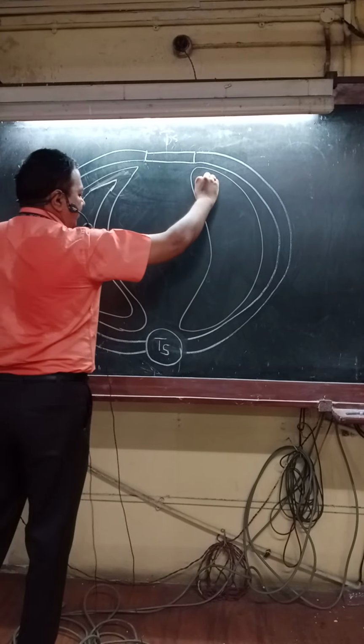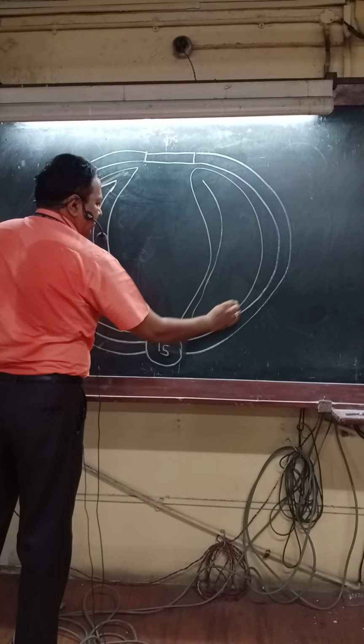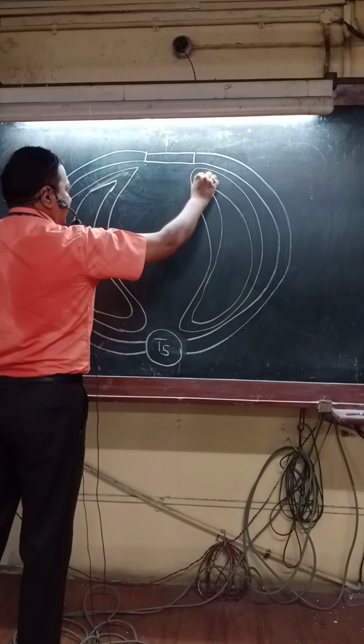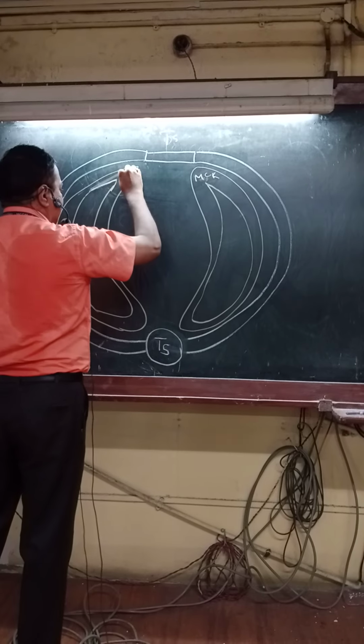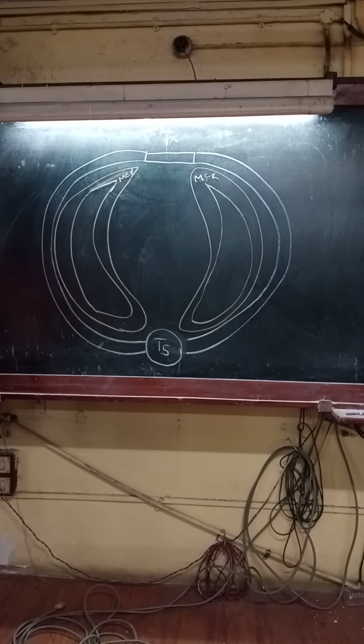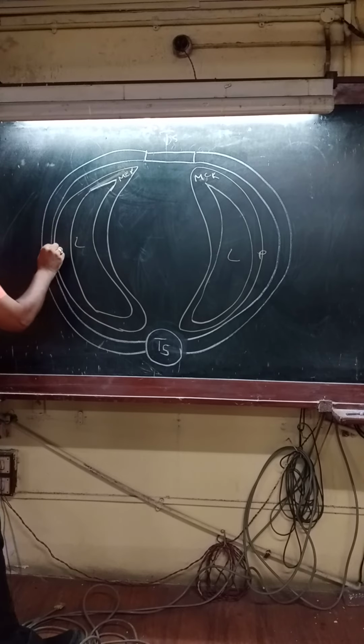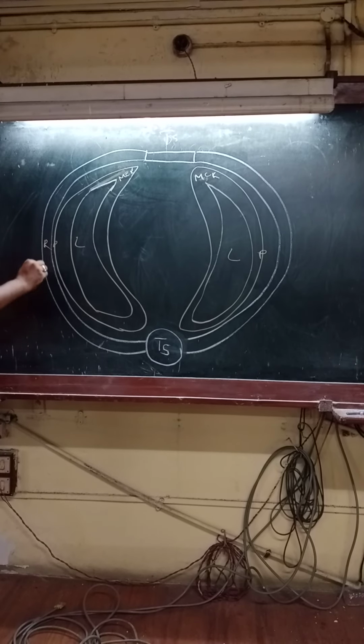Here, show this gap of which recess? Costo-mediastinal recess. So this is lungs, pleura, ribs.